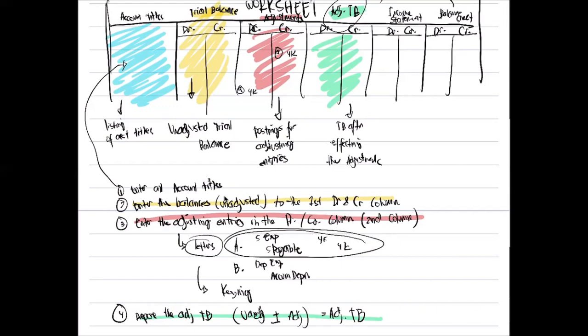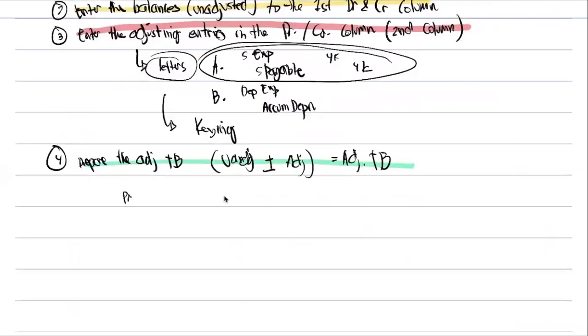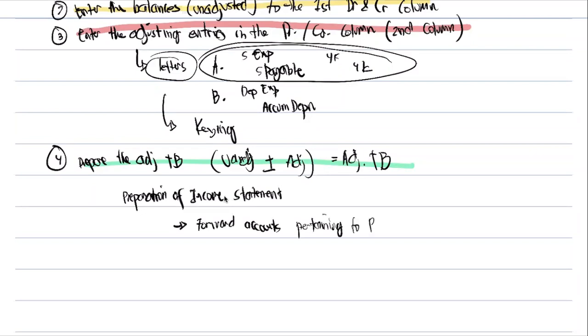And then we have your income statement and your balance sheet. So preparation of income statement. So in the preparation of your income statement, only forward accounts pertaining to revenues and expenses.